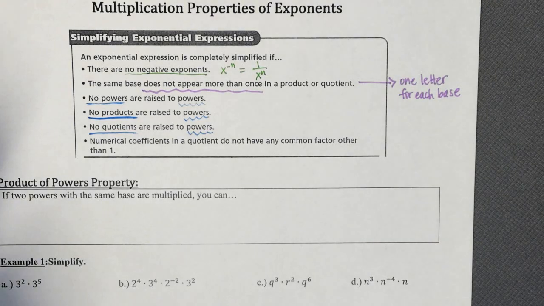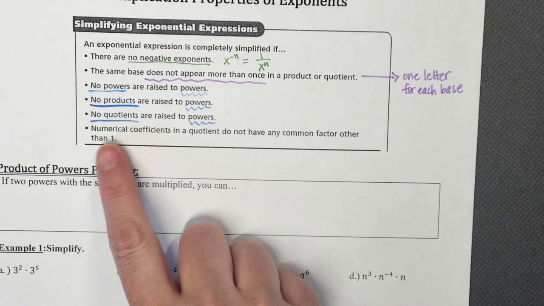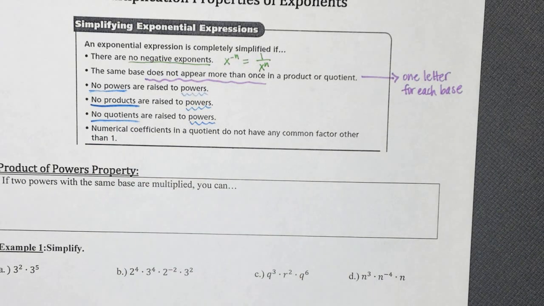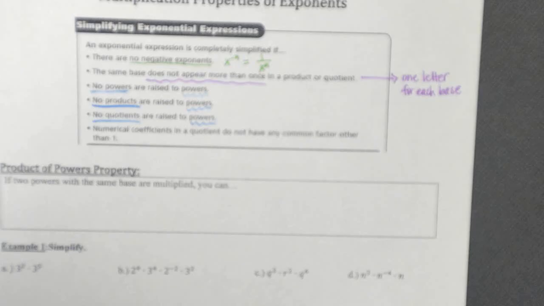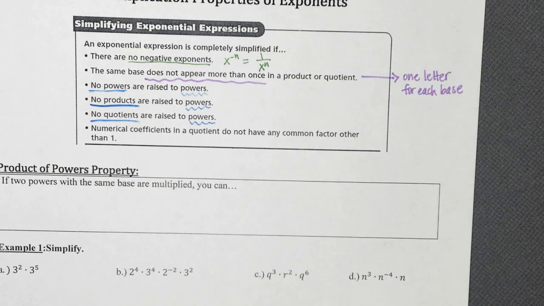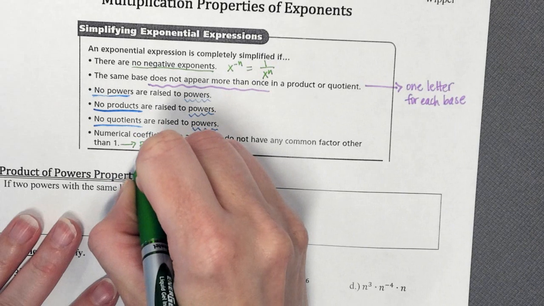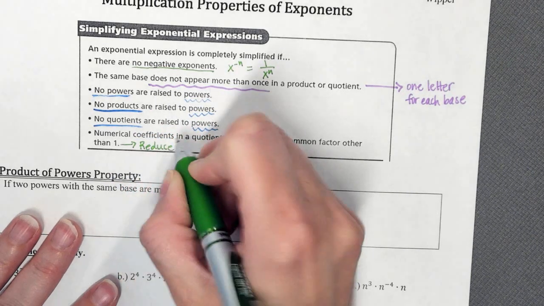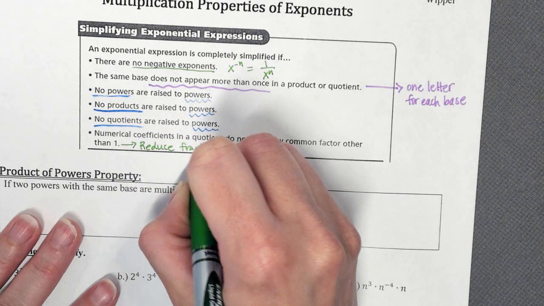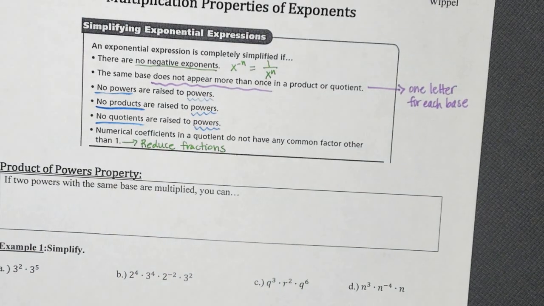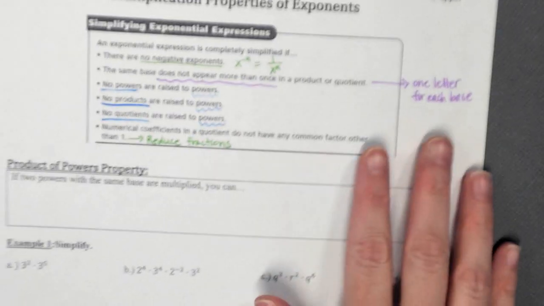And the last one, I know this sounds pretty fancy: numerical coefficients in a quotient do not have any common factor other than 1. All that means is that you have to reduce fractions. So if you have 3 over 6, that would be 1 over 2.